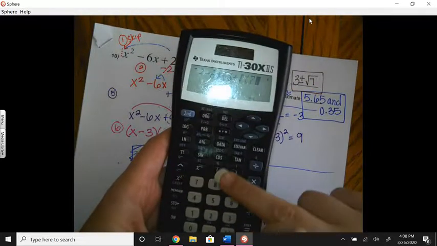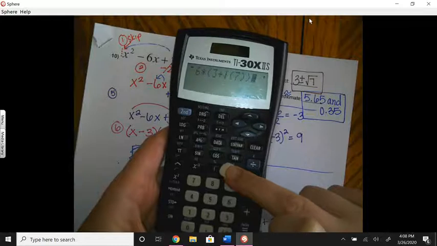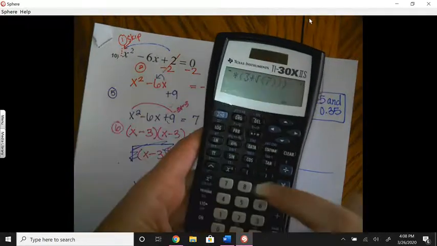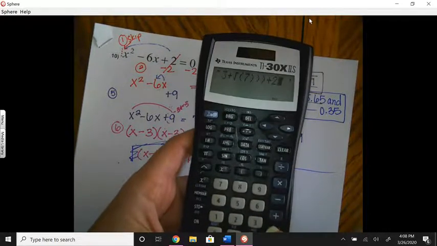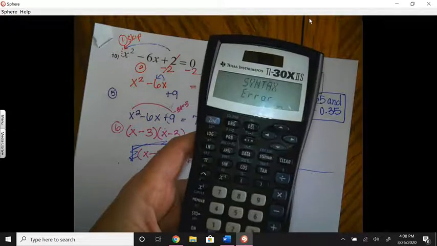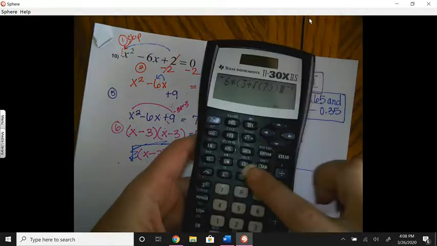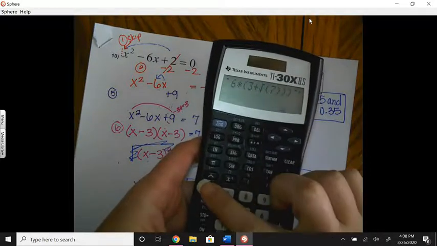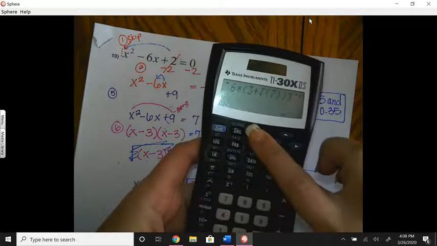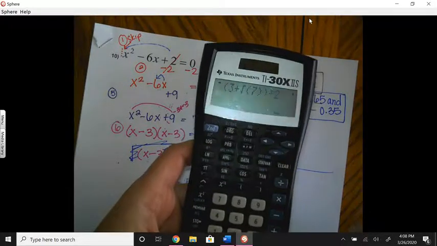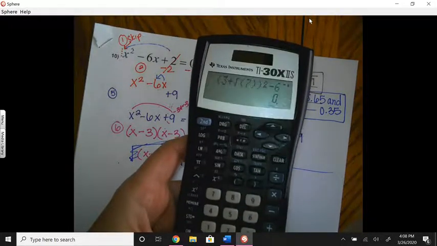See, this just takes a little bit longer to type in. And then plus 2, and this time when I click equals, it will say 0. Whoops, I must have done something wrong. Oh, I see what I did wrong. I put too many parentheses here. Okay, now, it will say 0.